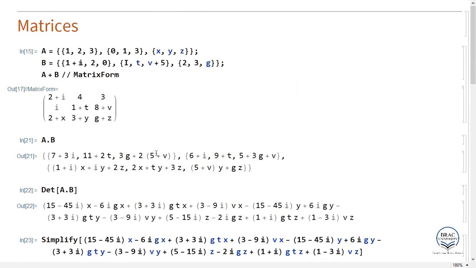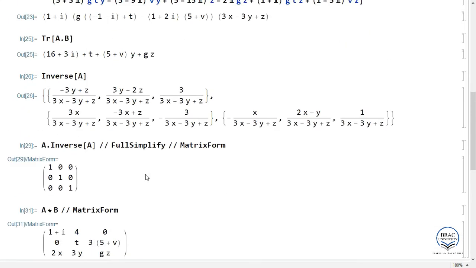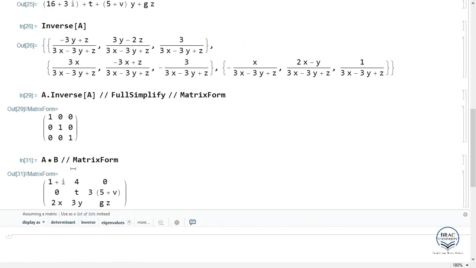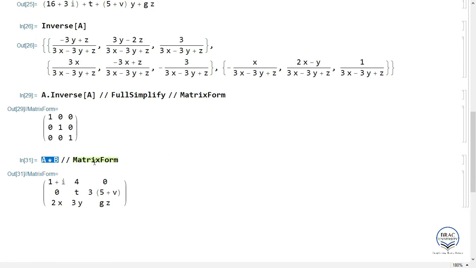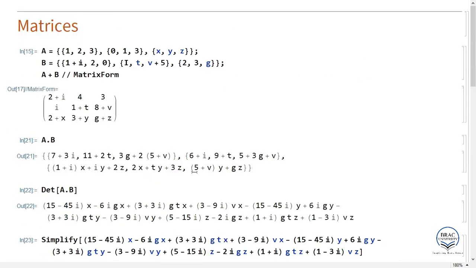That is, it is not the standard matrix multiplication, and the resulting matrix has a 1 plus I over here, and 4 in the second entry. So what is happening is that it's not taking the standard matrix multiplication, but rather something else. So this is not the way to multiply matrices in Mathematica.